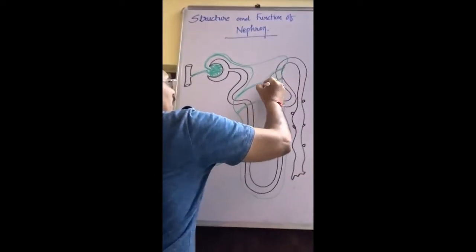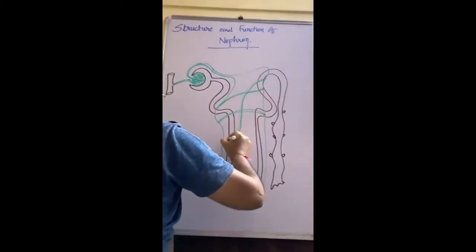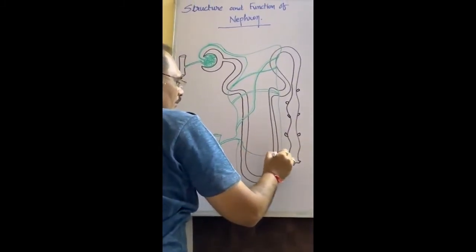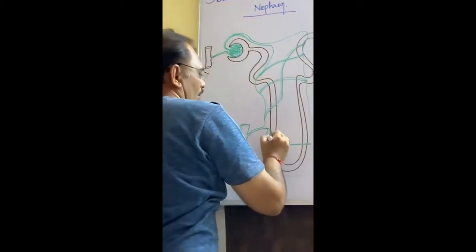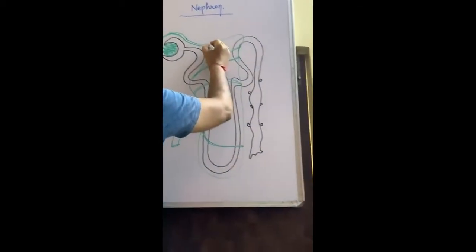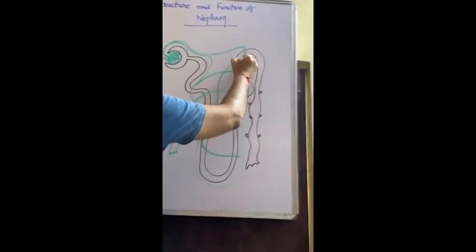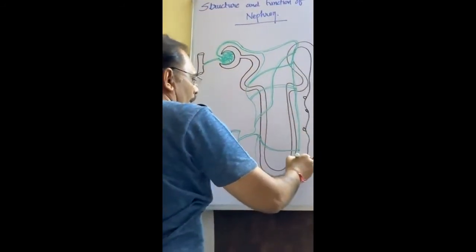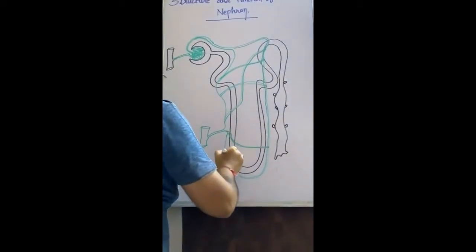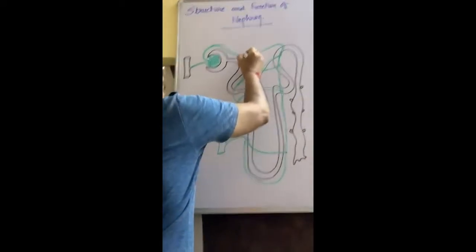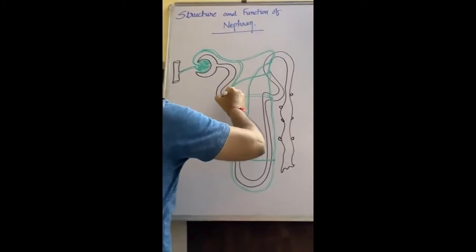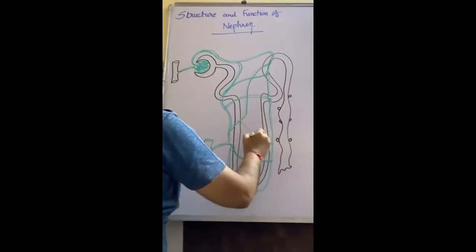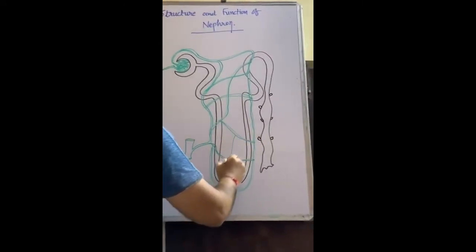You can draw in any way. So here a net-like structure is formed.